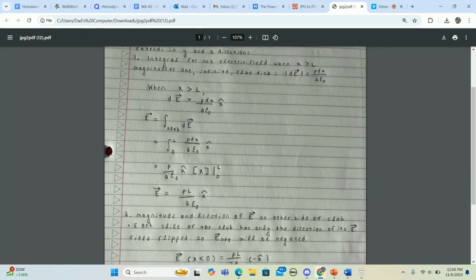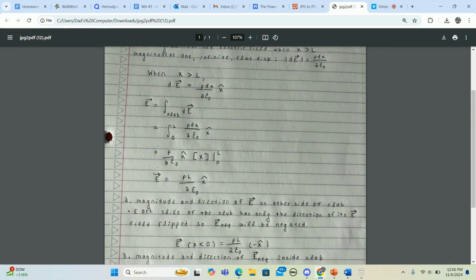So we start with the formula they give us. When x is greater than L, the magnitude of the electric field is equal to ρ dx over 2 epsilon naught in the positive x hat direction. And then we want to integrate this to find the electric field.